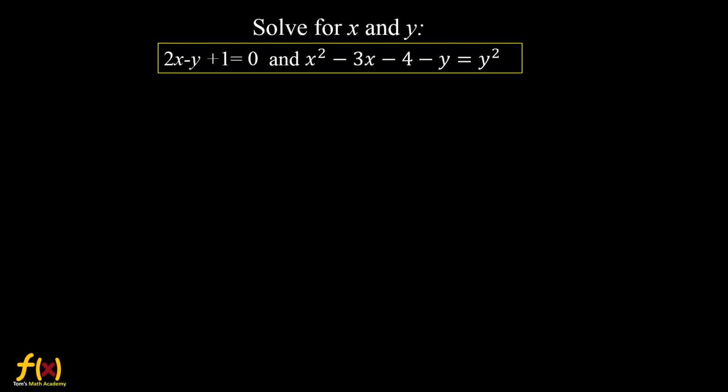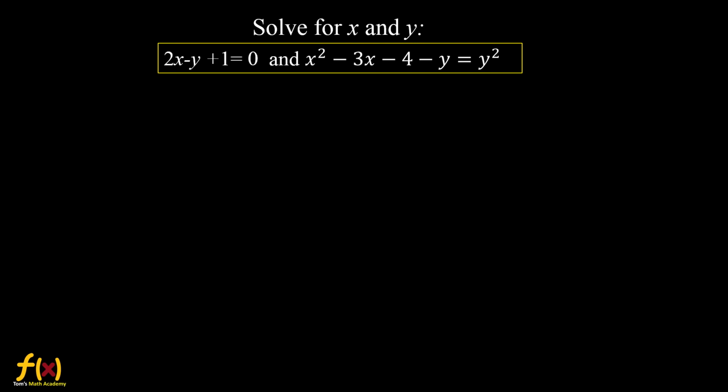After learning the equations and inequality, now we move on to simultaneous equations. Two equations at a time, or at the same time. 2x minus y plus 1 equal to 0 and x squared minus 3x minus 4 minus y equal to y squared.